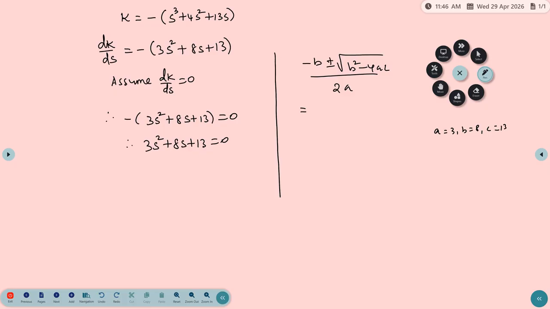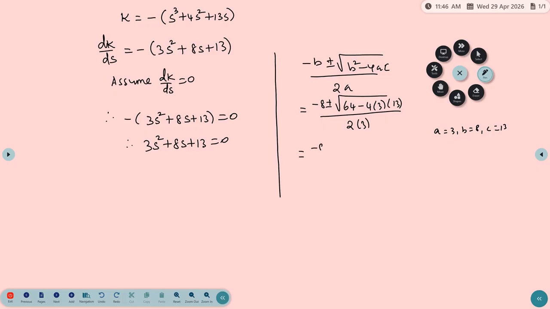So we can rewrite it as minus 8 plus or minus square root of 8 square is 64 minus 4 into 3 into c is 13, divided by 2 into 3.